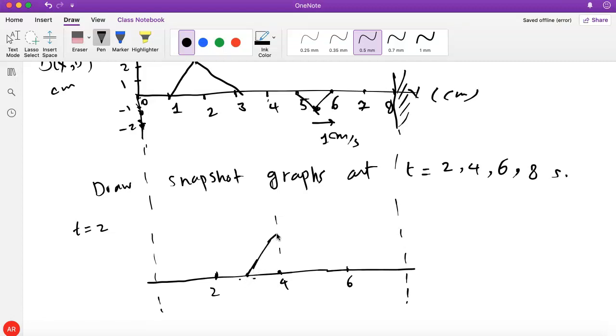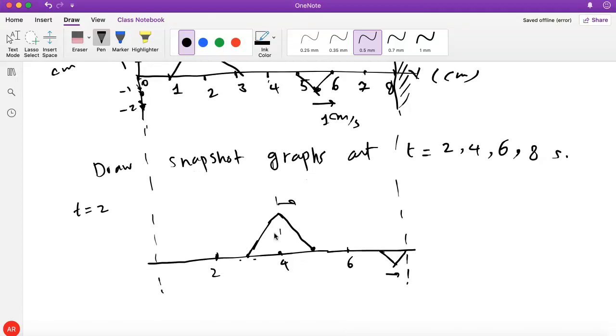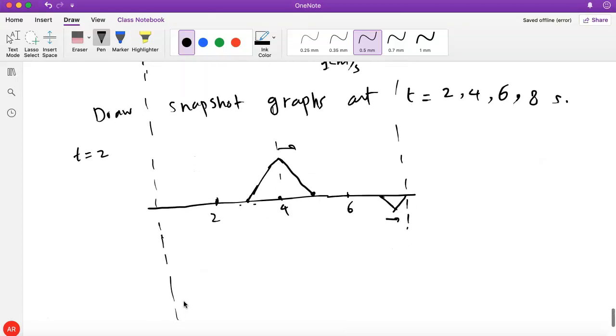With a peak at 4 here. The height is again 2. This should be between 7 and 8. So this one is just hitting the wall. So I shift them forward by 2 centimeters, right? They're moving at speed 1 centimeter per second, 2 seconds has passed. So that was easy.